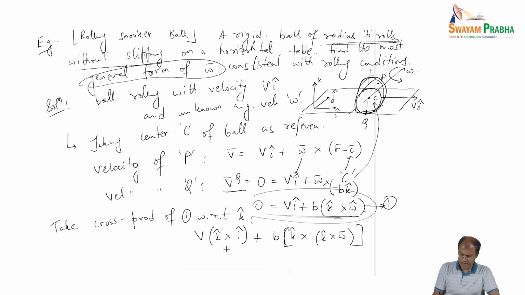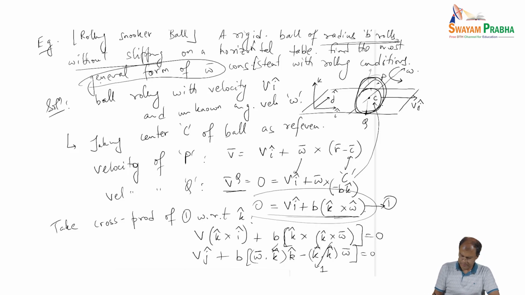So now K cross I is going to be J using our permutation, and the remaining result is B times omega dot with K. We are using the result for the vector triple product. So minus K with K has to be 1 times omega, right? So this is 1. So this is going to be 0.